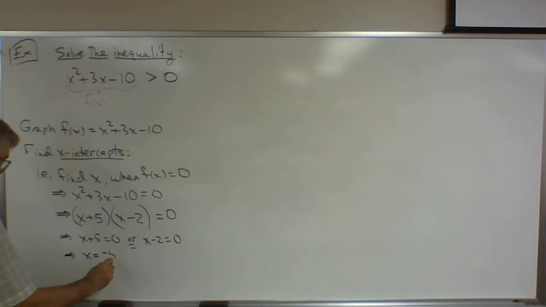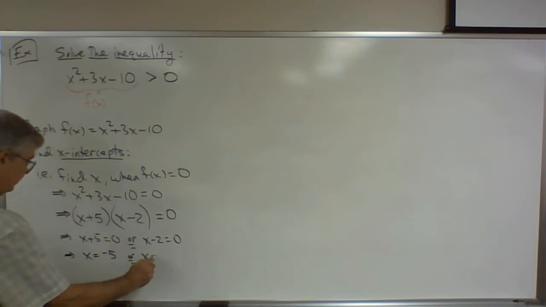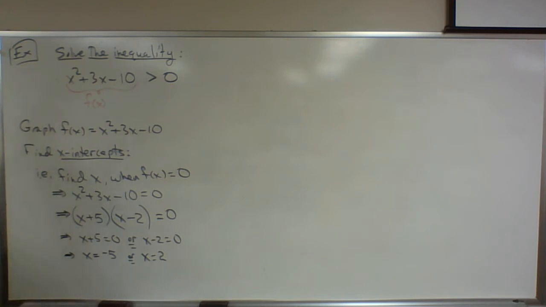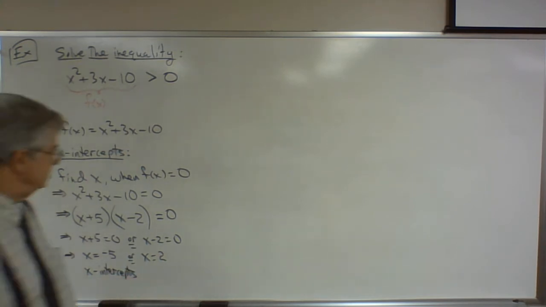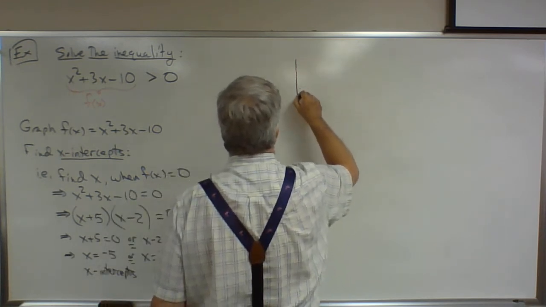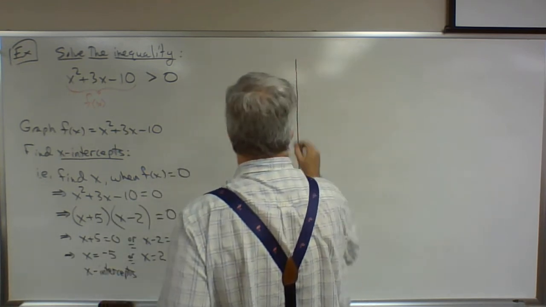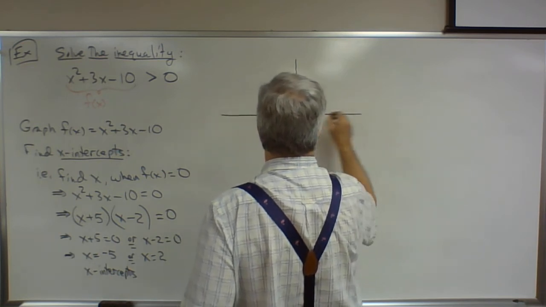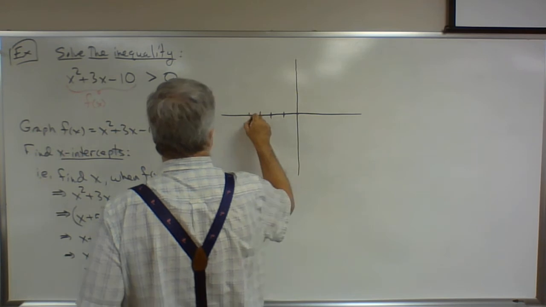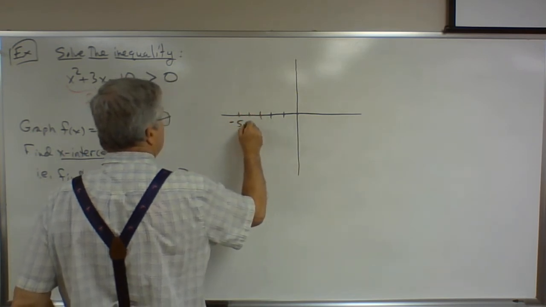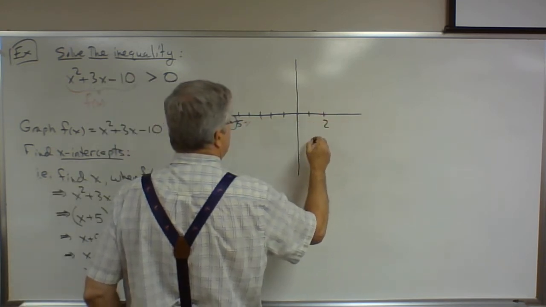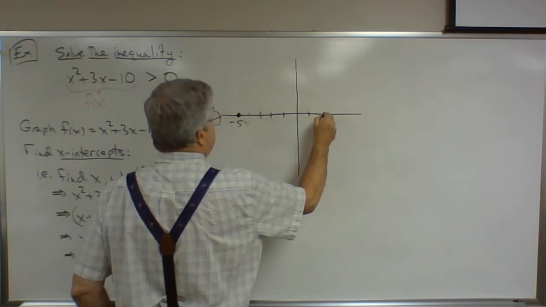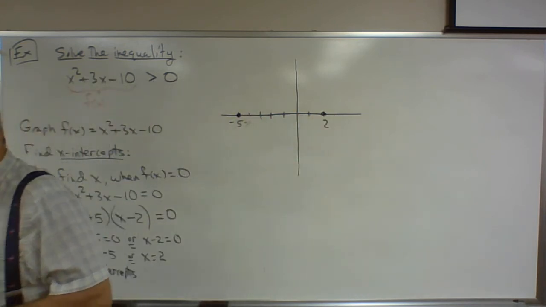So x equals negative 5, or x equals 2. X-intercepts. We got 2 points on the graph.